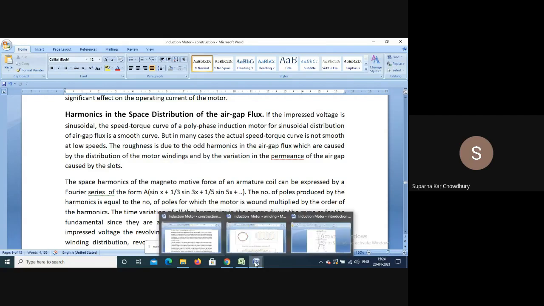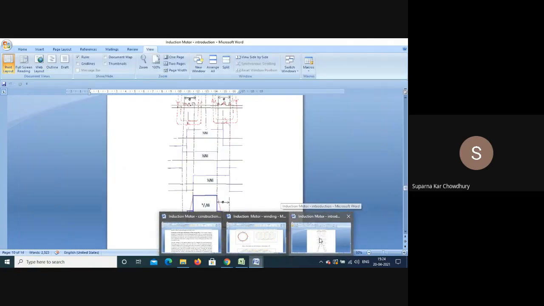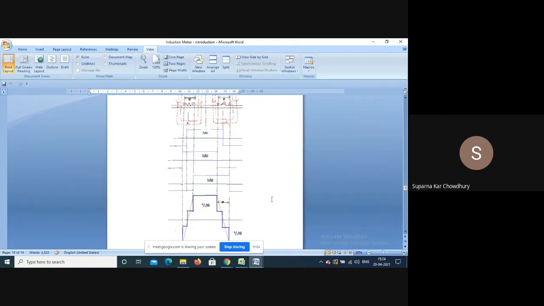If you remember the winding distribution, MMF distribution, while we derived it, we considered the distributed winding with 3 slots per pole per phase. So we have considered only the fundamental current flowing through the winding. The current I flowing through the winding will create an MMF distribution which is basically stepped in nature, but this angle is very small, so approximately it can be taken as trapezoidal.